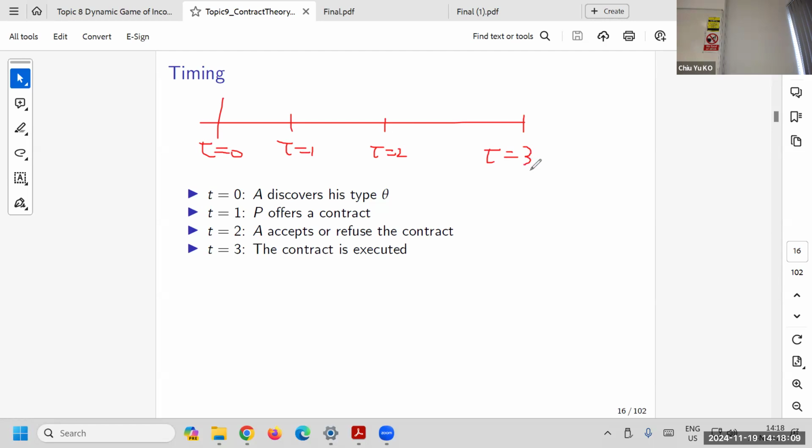Why do we have to do that? Because we have to specify the contract. Then the principal, knowing it, makes a contract offer, and the agent decides to accept or not. That is the contract theory. Assume all the power is in the principal, and the contract is executed. So the contract is legally enforceable, so there's no cheating in this model. You can relax that, but in this model we don't.